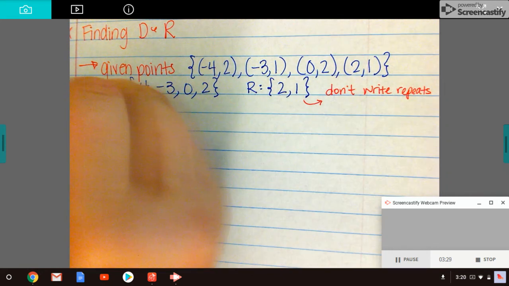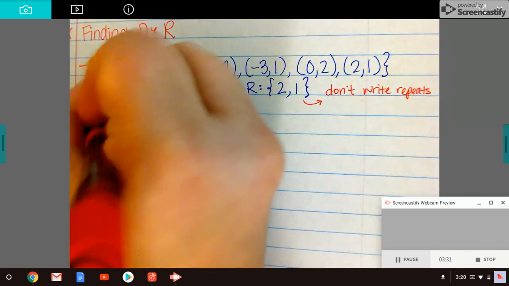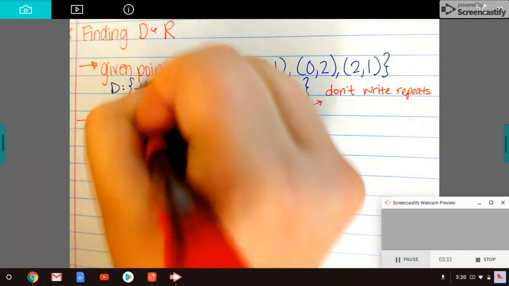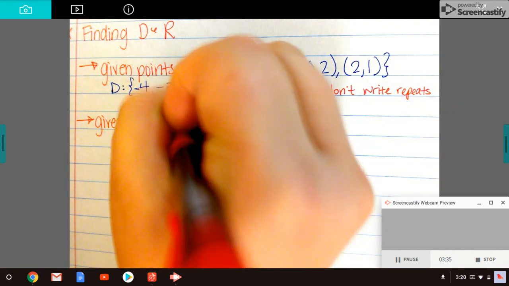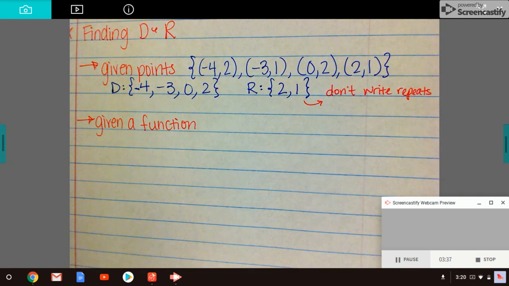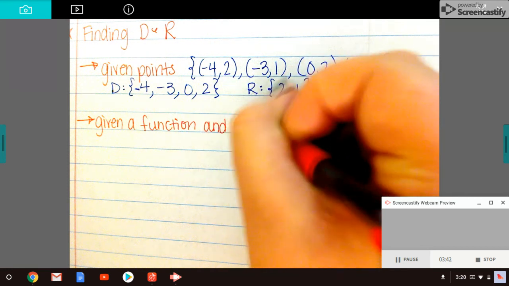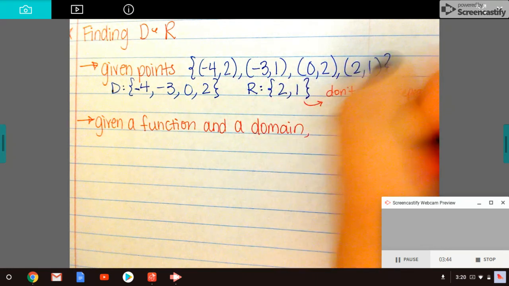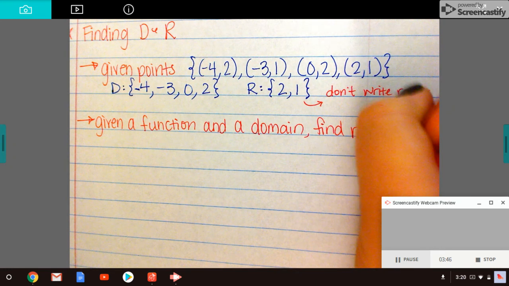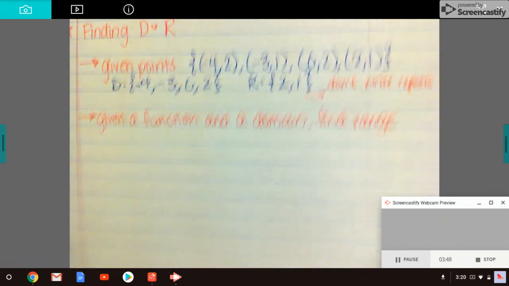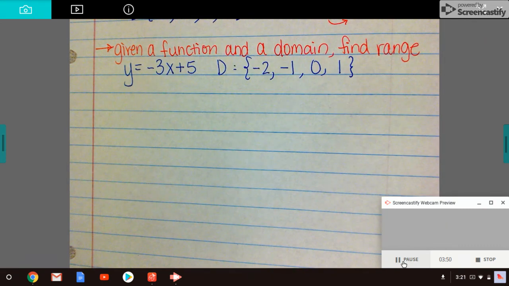If you're given a function and a domain, and you're trying to find the range, let's try that. So in this one, we were given this function y equals -3x plus 5, and we want to find the range that goes with this domain.